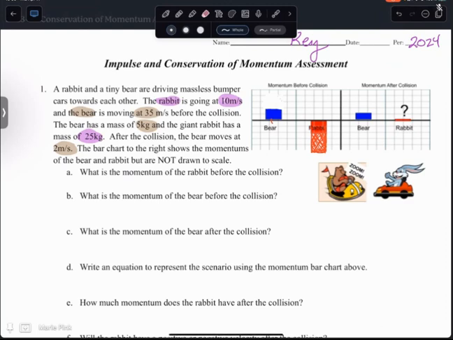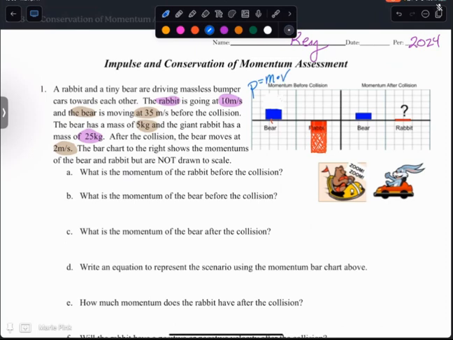So I'm going to do this on the bar chart itself because sometimes I feel like that is helpful when you're trying to work on figuring these things out. So the bear is going at 35 meters per second. And remember that momentum is mass times velocity.